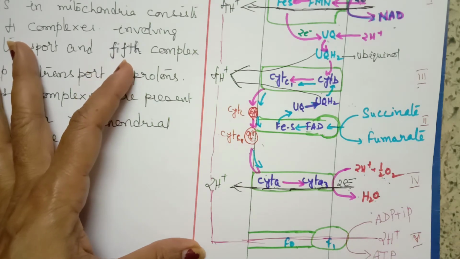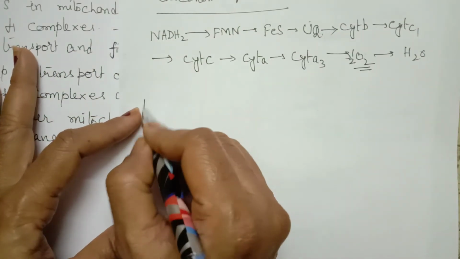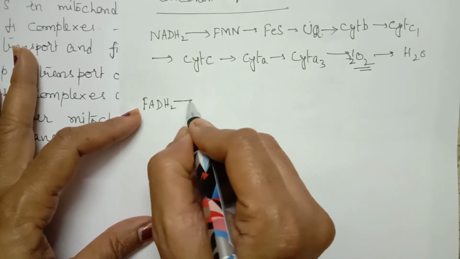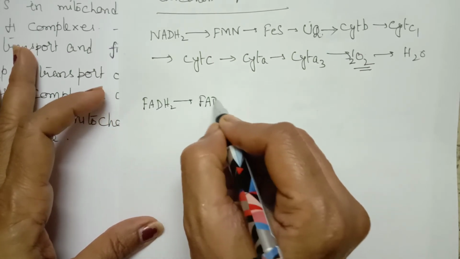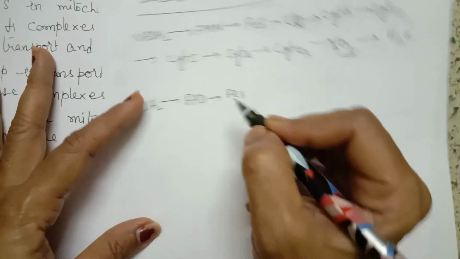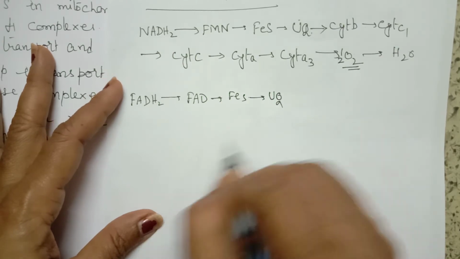Same thing now I am going to write it for FADH2 also separately. Children, you have to also note it down simultaneously when you are learning it. So when FADH2 is oxidized, it is moving to FAD of the second complex and then FeS, and then it is moving to ubiquinone.